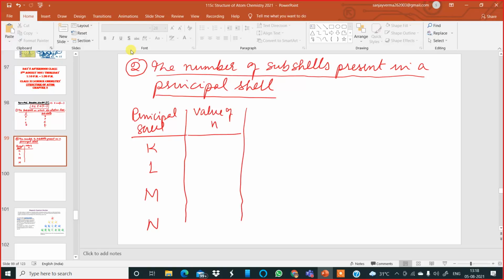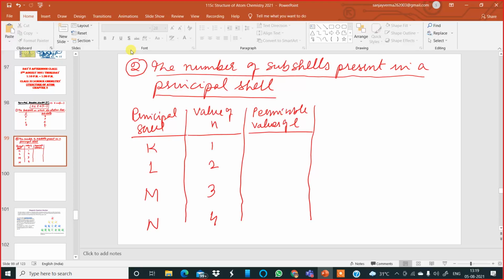For K it is 1, L it is 2, M it is 3, N it is 4. Correspondingly, the permissible values of l, the azimuthal quantum number, for these principal shells. Let us see what they are.